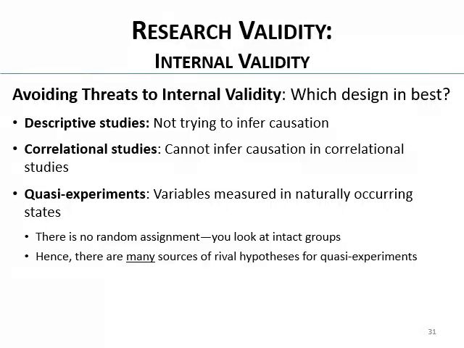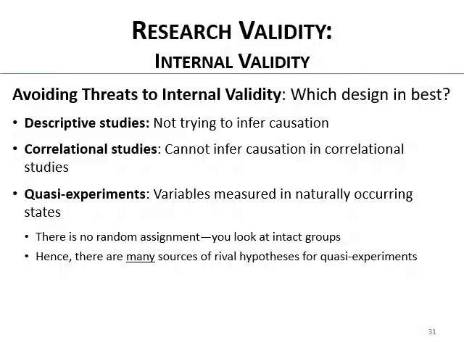So there are many sources of rival hypotheses for quasi-experiments. One thing you can do, which you'll learn about next semester, is covariate analysis to try to equalize groups on known potential confounders. But what about all the other stuff you don't know about? How do you equalize on that if you don't even know about it? Bottom line is you don't. And so quasi-experiments are not that great for inferring causality.